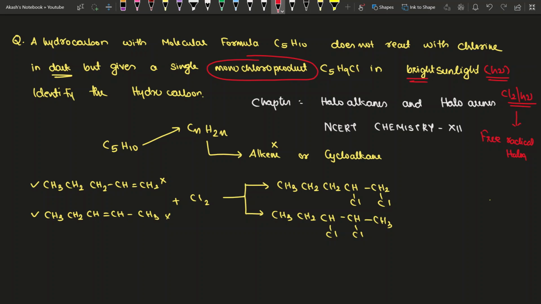One hydrogen is substituted by the halogen and we get a monochloro product. What does it mean? If it is a single monochloro product, all the hydrogens are the same.